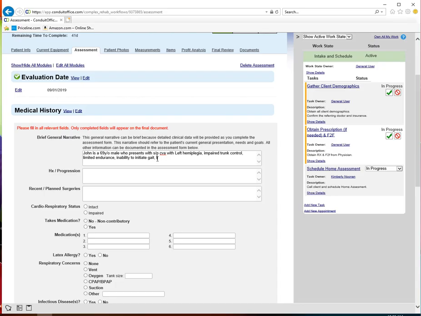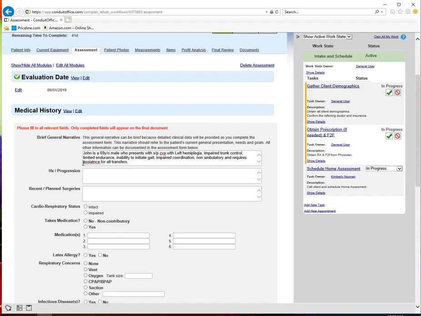How's his coordination? Impaired. Impaired coordination, non-ambulatory, and requires assistance with all transfers, period.